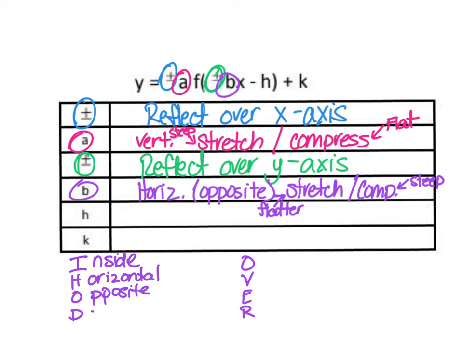And it's the domain that's affected. So it's the x values that are affected inside. While O is for outside, V is for vertical, E is for exactly what you think it should be, and then R is for range. So I can show you more about what this IHOD over thing means.